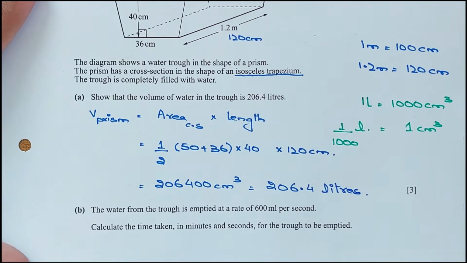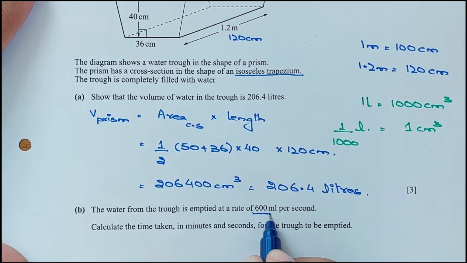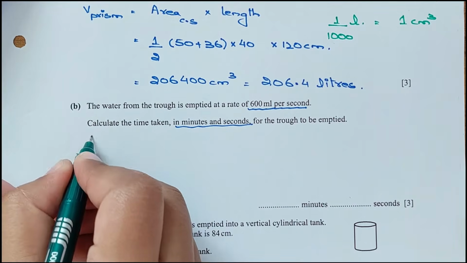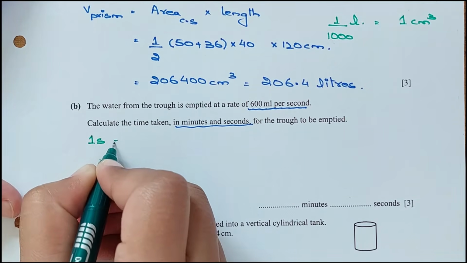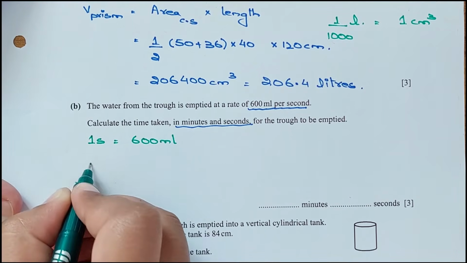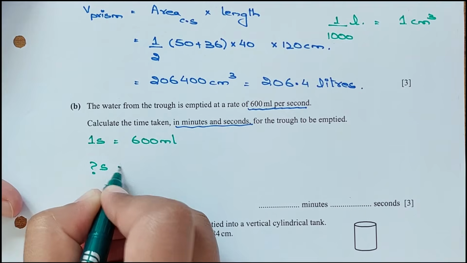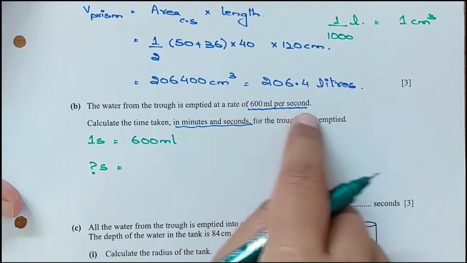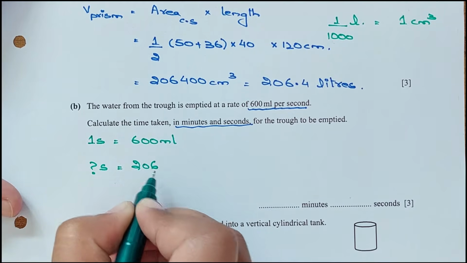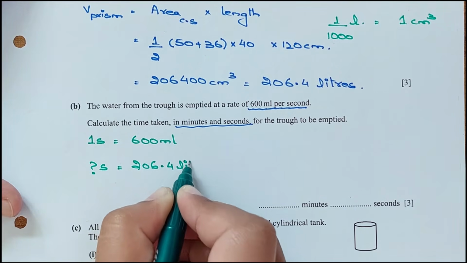Now for part B, the water from the trough is emptied at a rate of 600 milliliter per second. Calculate the time taken in minutes and seconds for the trough to be emptied. In 1 second, the rate is 600 milliliter. How many minutes and seconds will it take to empty 206.4 liters?